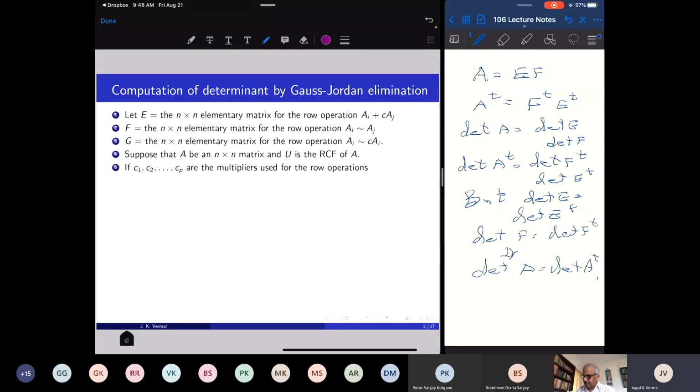Now, when we apply the row operations, it is the same as multiplying the matrix on the left by elementary matrices like E, G, E, and so on, and then arriving at its row canonical form. Suppose A prime is the row canonical form.